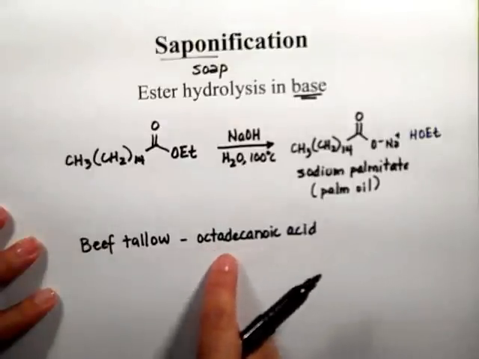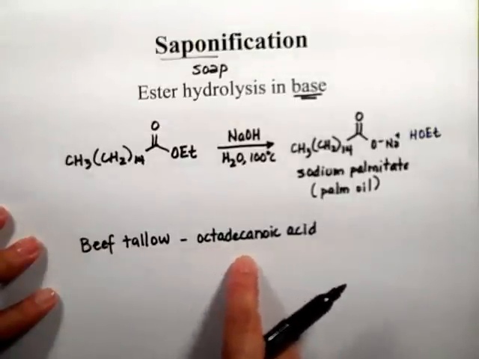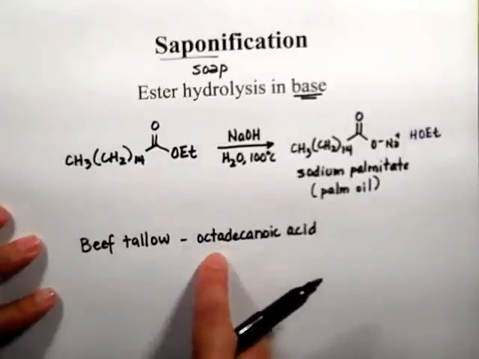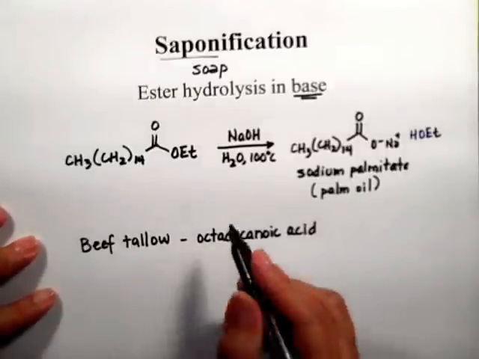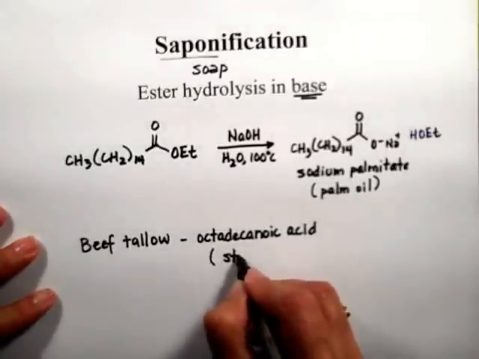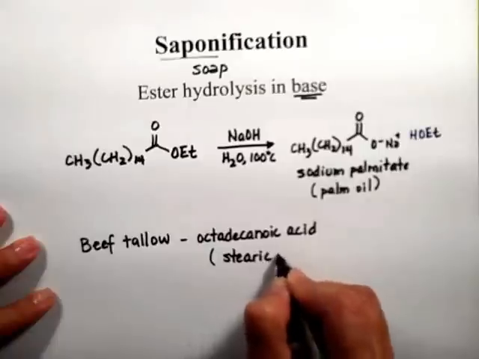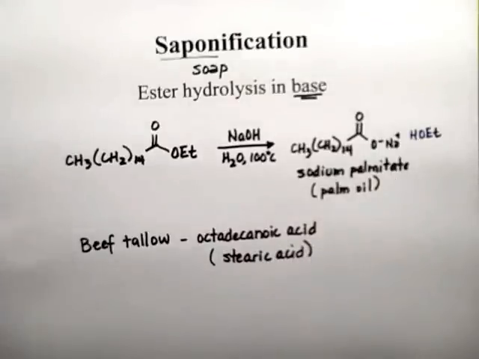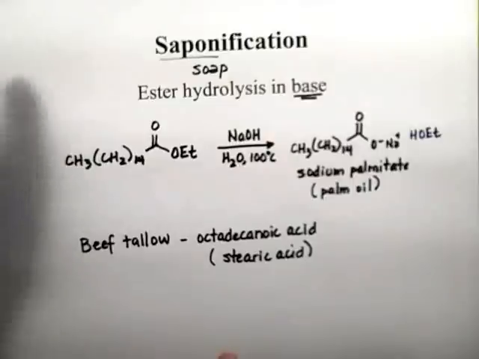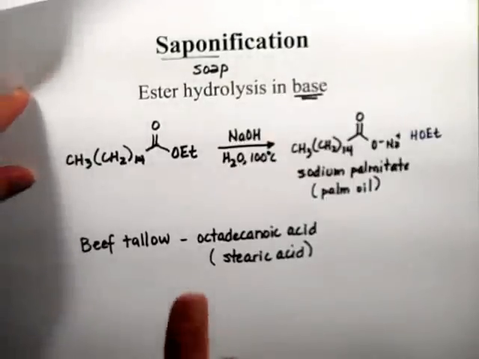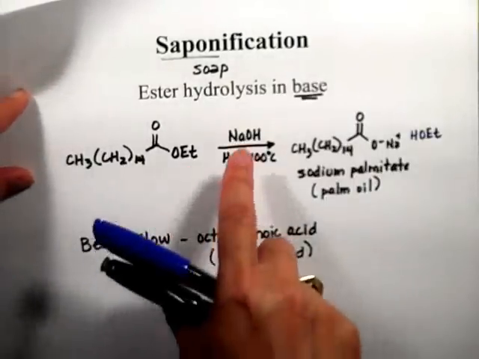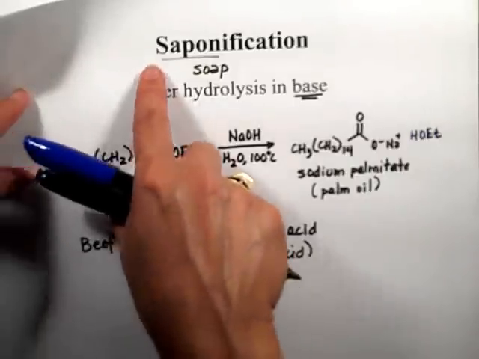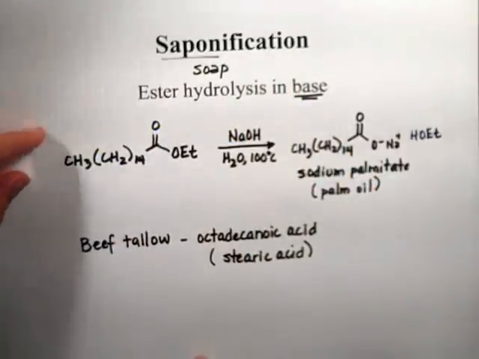So if you read the back of your soap box, or maybe the detergent that we use to wash dishes, check if you have stearic acid or if you have palmitate. So this is the saponification reaction, and again, it must be under basic conditions for us to use the word saponification.